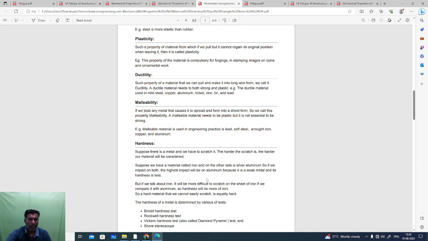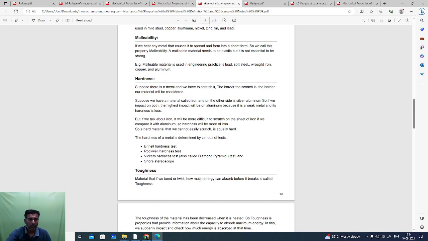Aluminum is one of the weak materials. It can be easily rolled and hammered. It will be more difficult to scratch the sheet iron. Compared with aluminum, hardness will be more on iron.